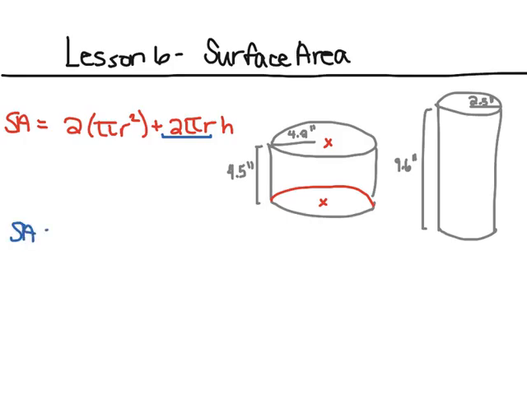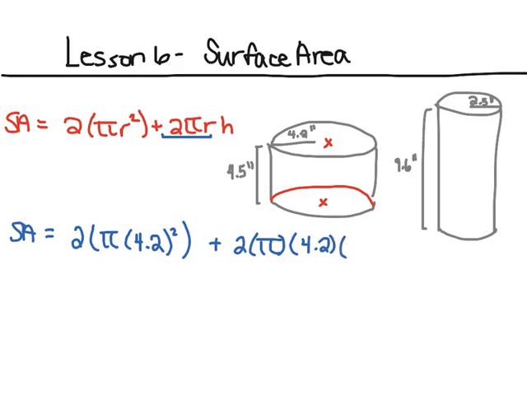So the first cylinder, we have a radius of 4.2 inches. So we would do 2 times pi times 4.2 squared plus 2 times pi times 4.2 times our height, which is 4.5.